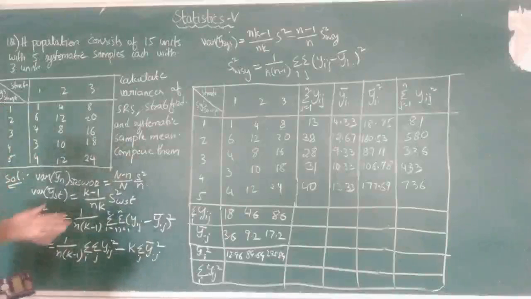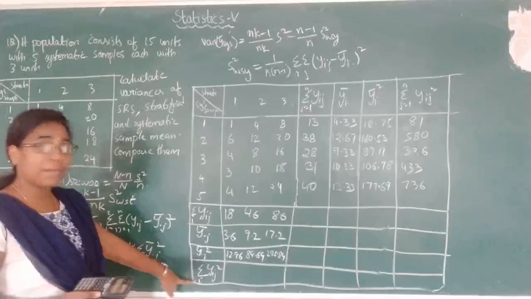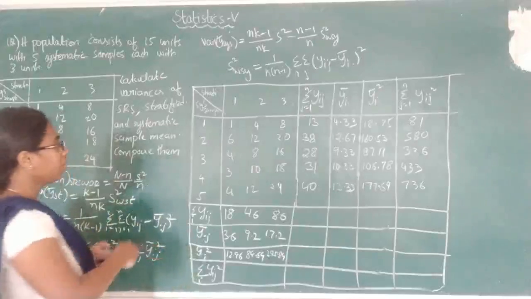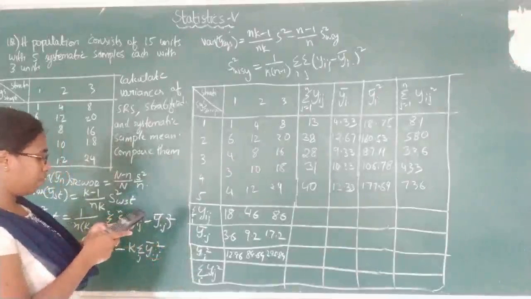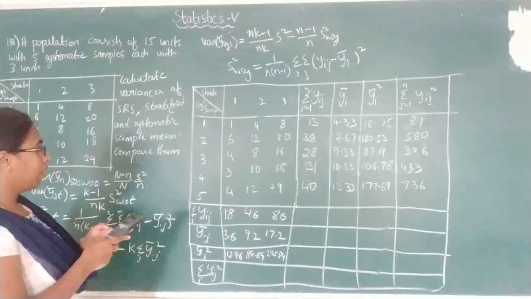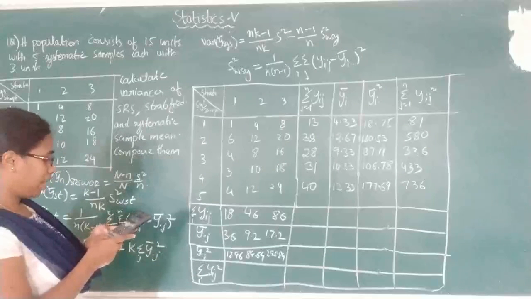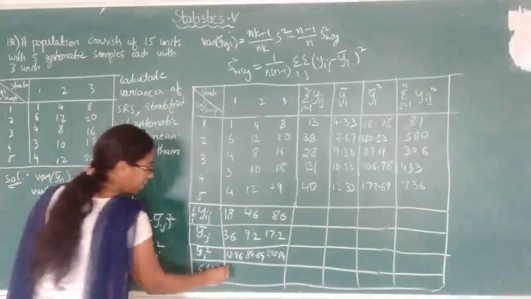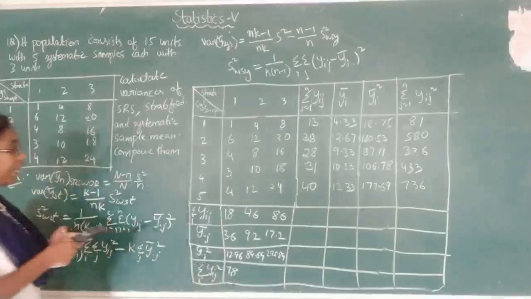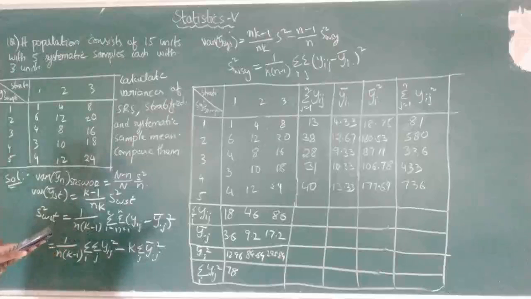Wij squares column wise, because the summation is over I. Now 1 square plus 6 square plus 4 square plus 3 square plus 4 square, you will be getting the answer as 78. Next is 4 square plus 12 square plus 8 square plus 10 square plus 12 square.